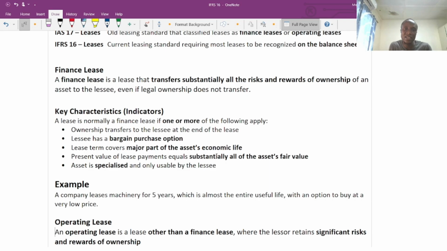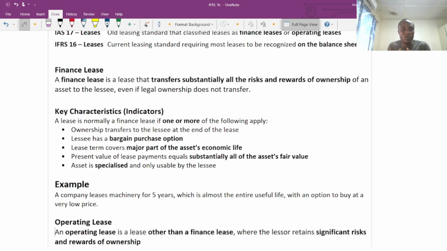Now we are going to look at the key characteristics, the key indicators, for us to classify a lease transaction as a finance lease. Firstly, ownership should be transferred to the lessee. I'm not talking about legal ownership. I'm talking about ownership in terms of controllability, looking at the concept of substance over form. Also, the lessee has a bargain purchase option, for example.